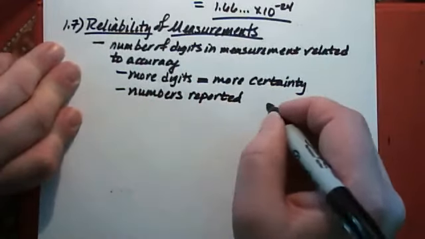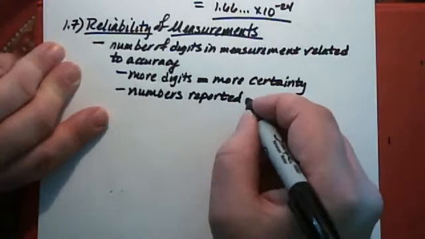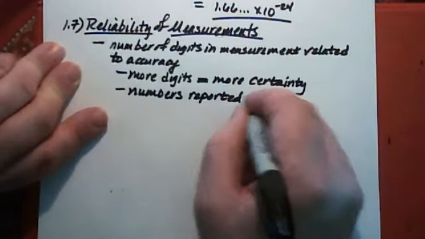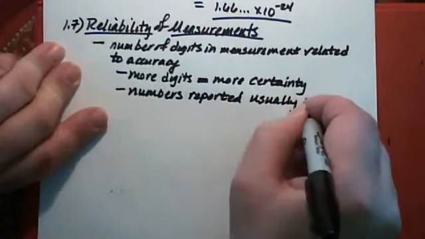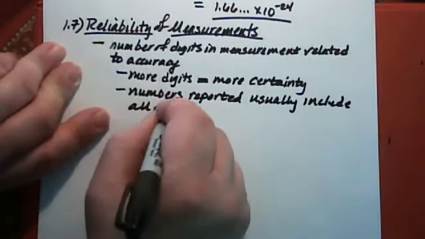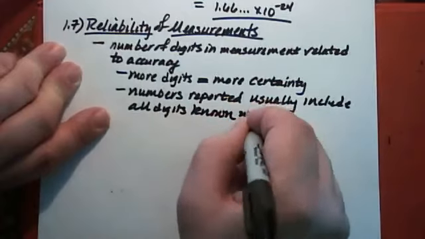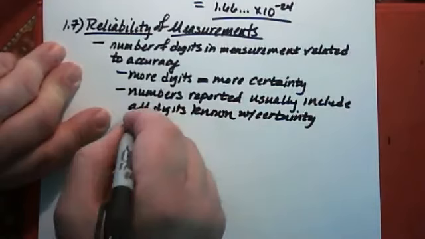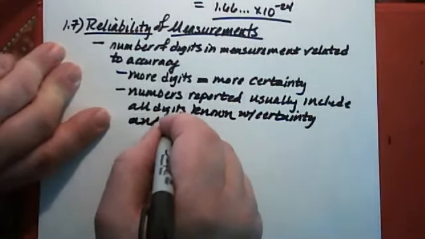And when you're taking a measurement, what you will normally do is record all of the digits that are known with certainty, and the first uncertain digit.